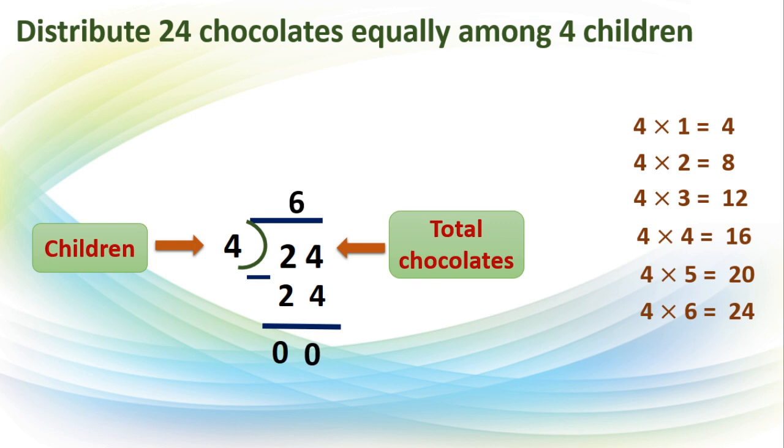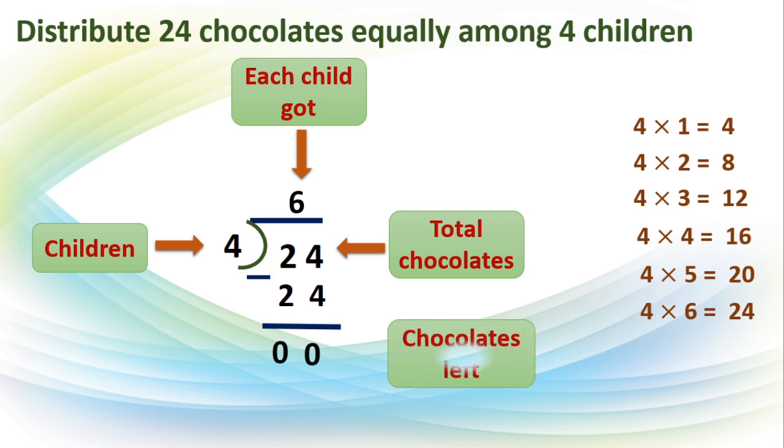Now, here we have divided 24 chocolates equally among 4 children, right? And each child got 6 chocolates, right? Okay, how many chocolates remained? 0. Okay, this we came to know.